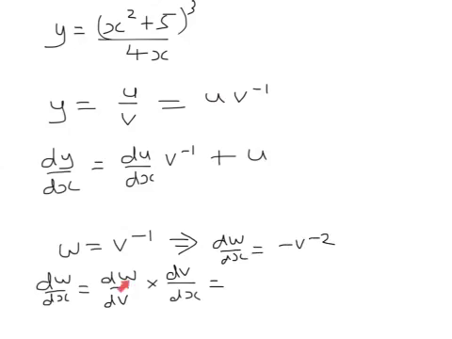So instead of writing dw by dx, I can write minus v to the minus 2 times dv by dx. So let's put all that back into here. So it's multiplied by minus v to the minus 2 dv by dx. So let's go on to the next slide and simplify this.